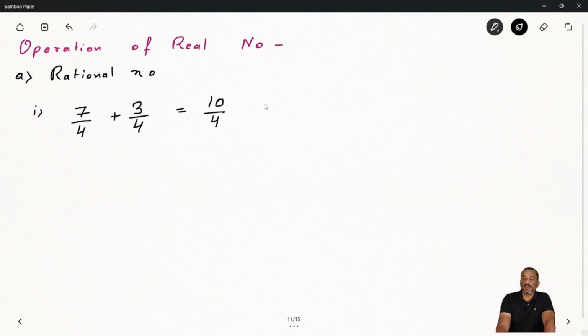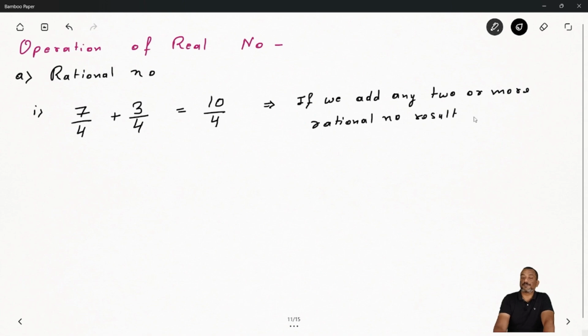So if we add any two or more rational numbers, the result is also a rational number. Okay, so hope it's clear.